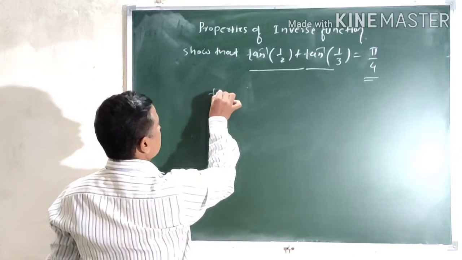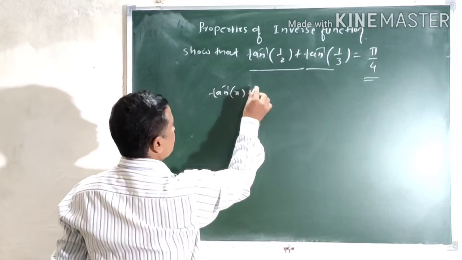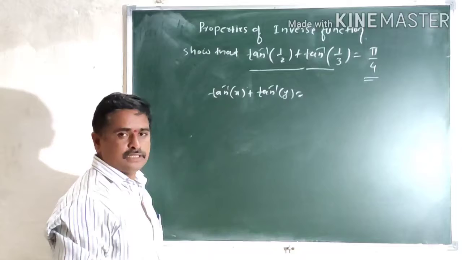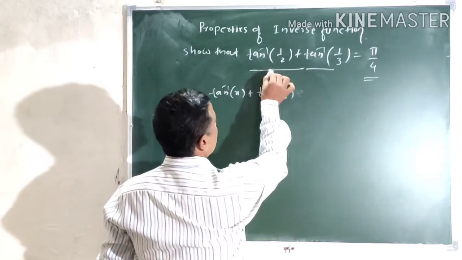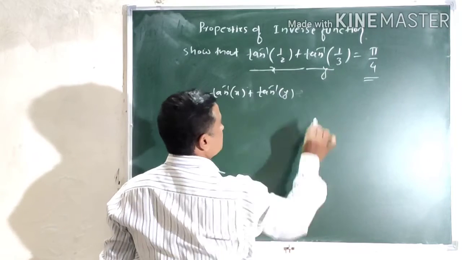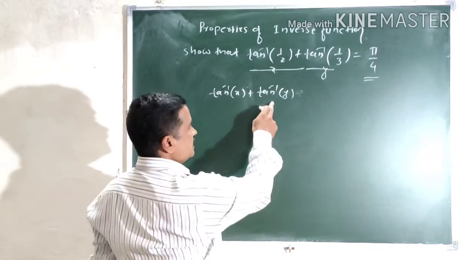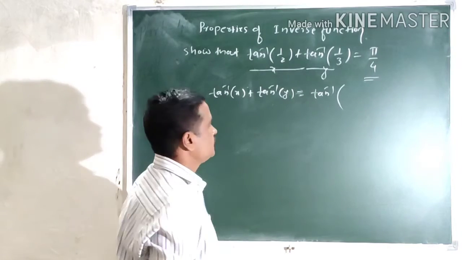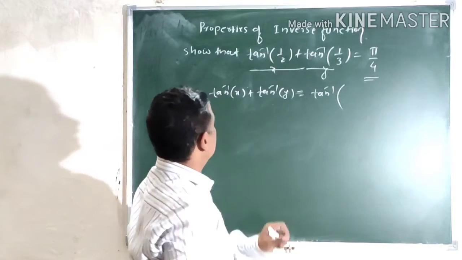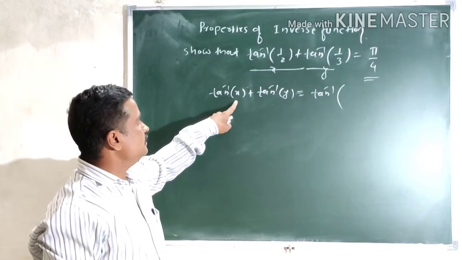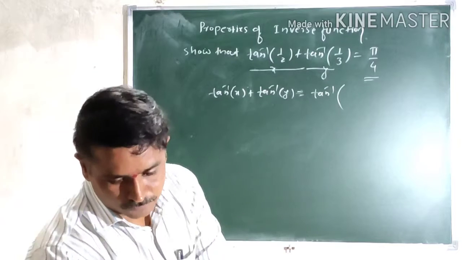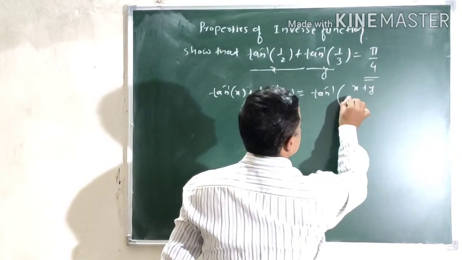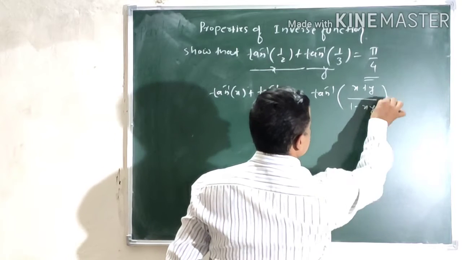So we know that tan inverse of x plus tan inverse of y equals tan inverse of (x plus y) divided by (1 minus x into y).